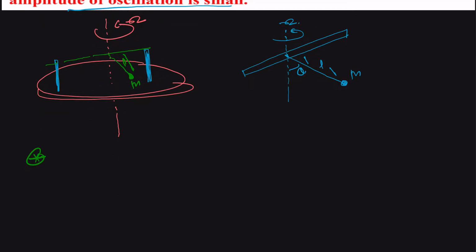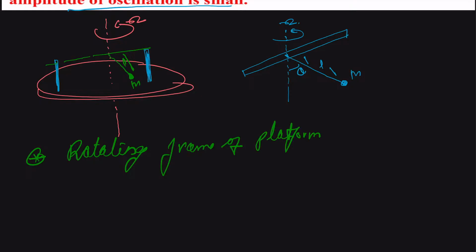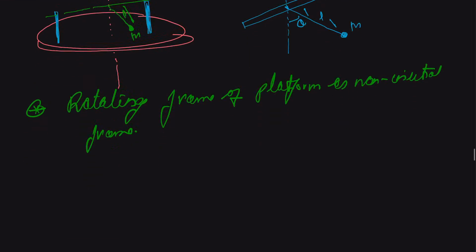We consider the rotating frame of the platform as a non-inertial frame, and therefore there will be a centrifugal pseudo force, because it will try to rotate within a circle.